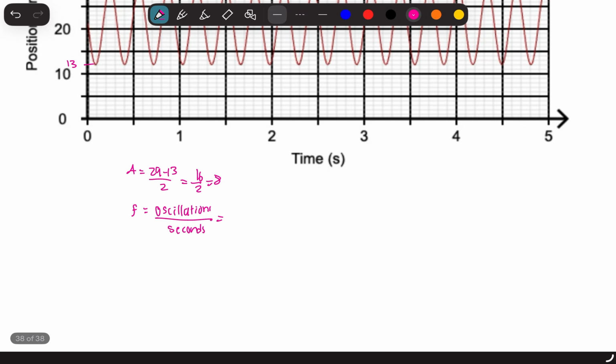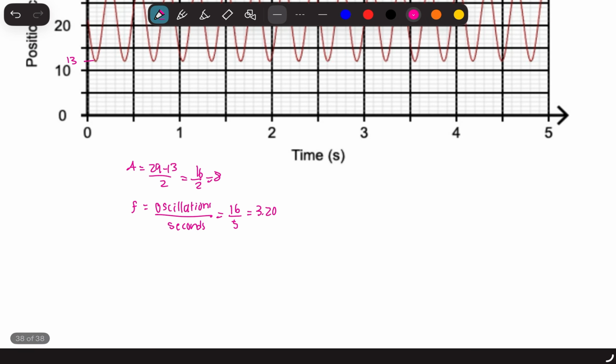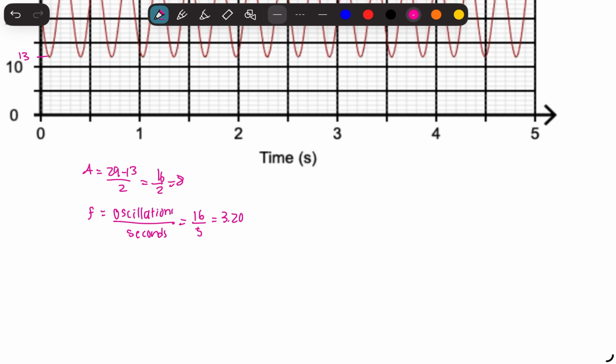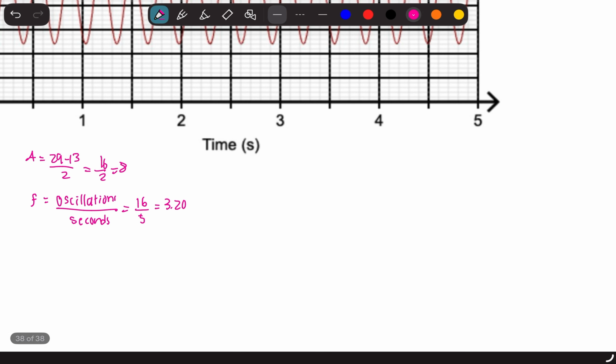So we're going to say 16, divided by how many seconds we had. This was in a 5-second time interval. That's equal to 3.20 for our frequency. If you wanted to, you can find your period, which is 1 over f, so 1 over 3.20, but I'm not going to calculate that.